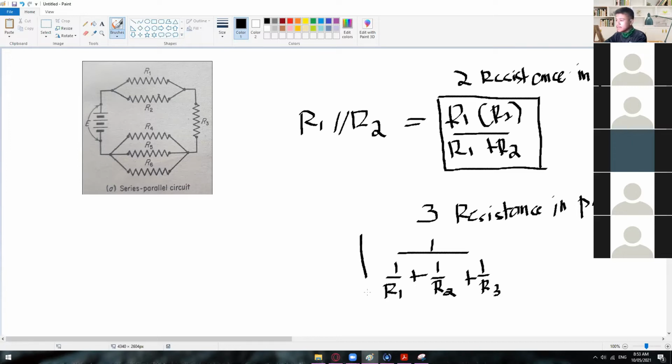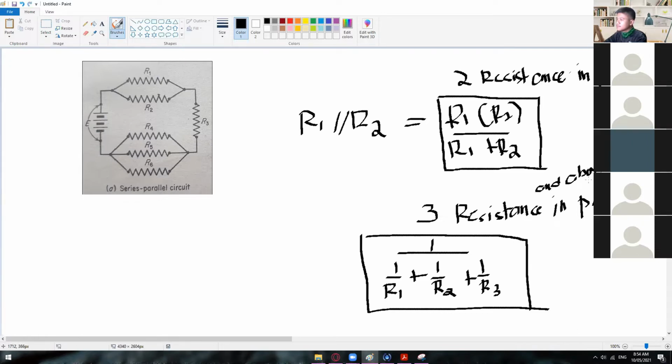Okay, so ito yung pinaka-formula nyo kapag tatlo and above. Three resistance and above. So kapag apat, ganun pa rin, magdagdag lang kayo dito. Plus 1 over R4. Plus 1 over Rn.